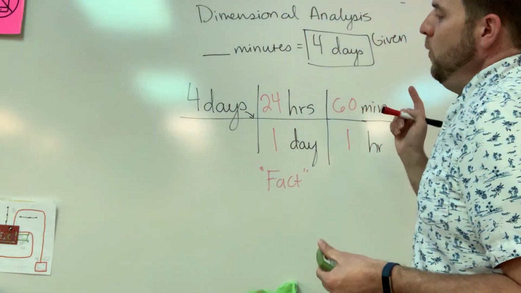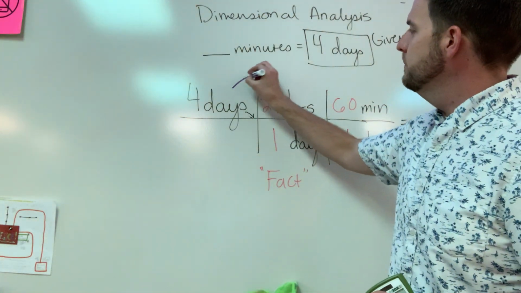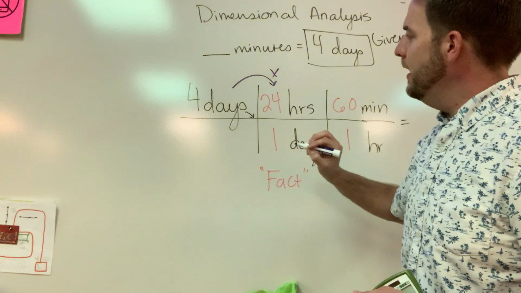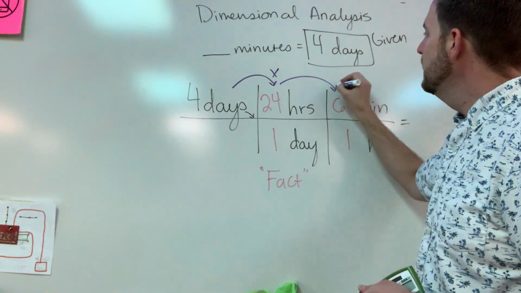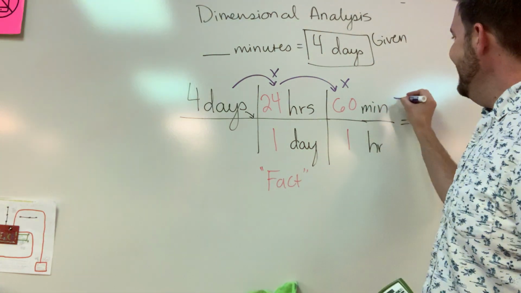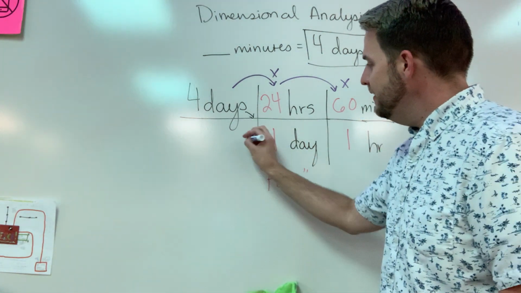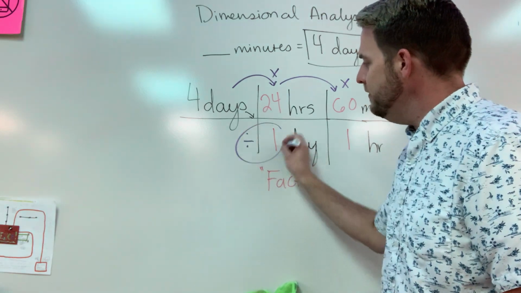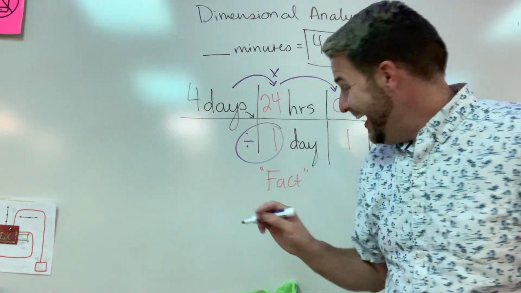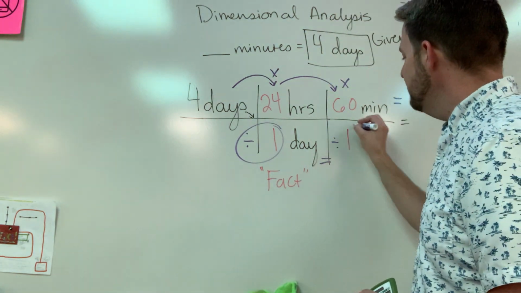So what we're gonna do is, as you move across the top, you multiply, and then you hit enter, and then divide by this, hit enter, and then divide by this.